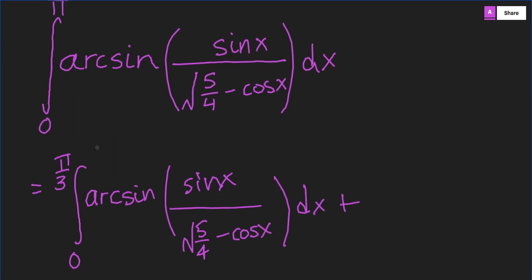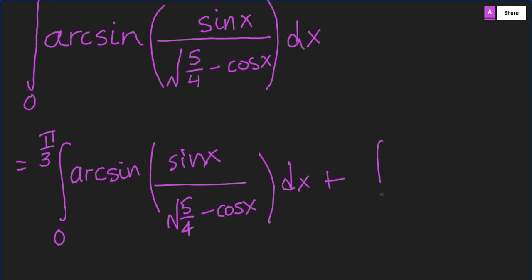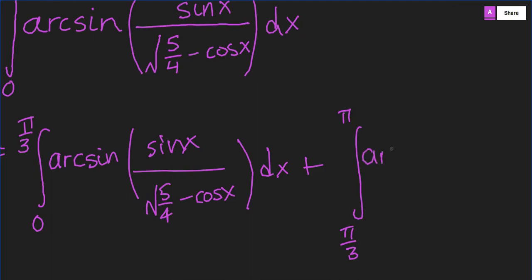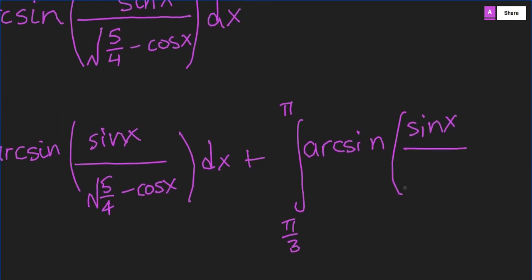This is the increasing part of the integral, and then we have the decreasing part, which is from pi/3 to pi of, again, arcsin of sin x over the square root of 5/4 minus cos x.